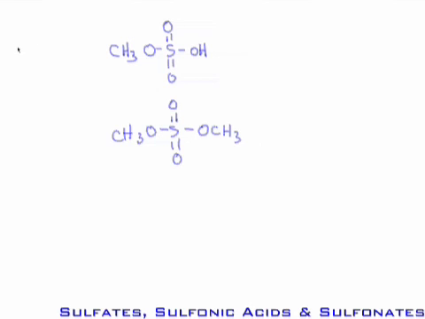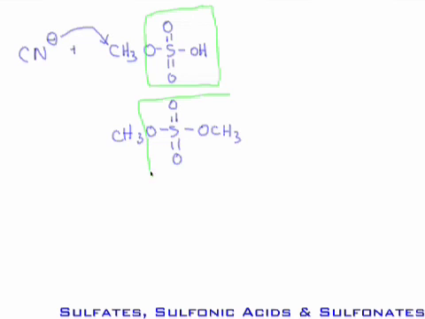So if you hit this molecule with a strong nucleophile like cyanide minus, you're clearly going to go SN2 and kick out the very good leaving group, in this case hydrogen sulfate, and in this case methyl sulfate.